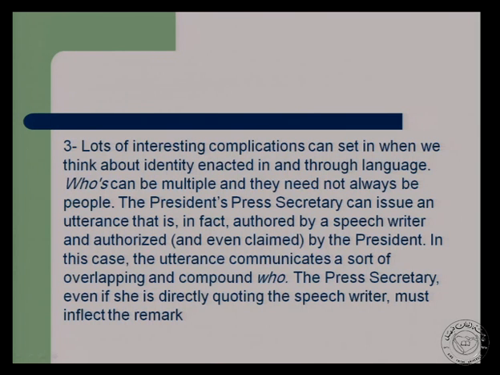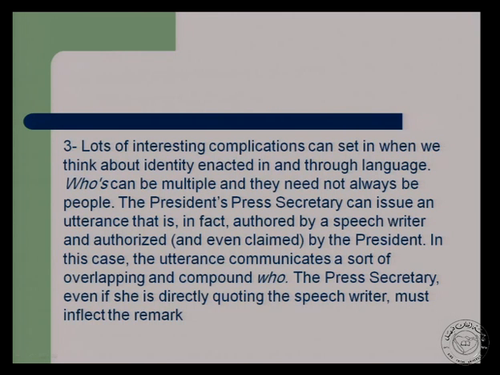For example, the president's press secretary can issue an utterance that is in fact authored by a speech writer and authorized by the president. The same utterance is made up by three people: the secretary who issued it, the president who authorized it, and the writer who made it.